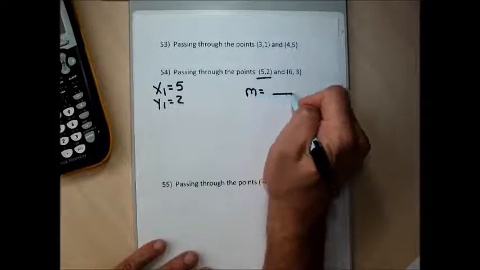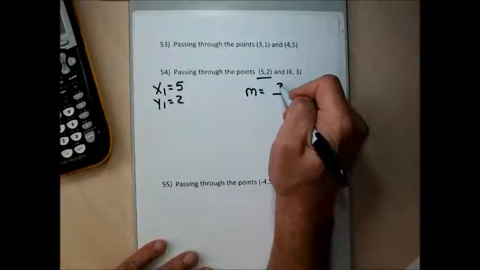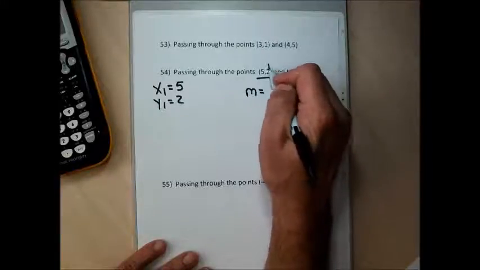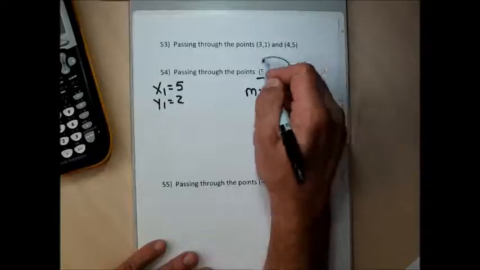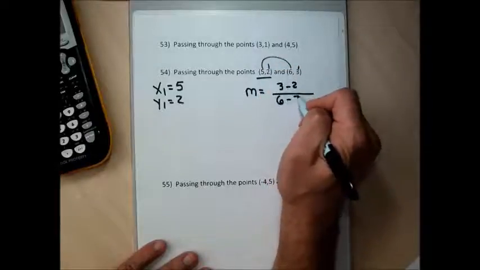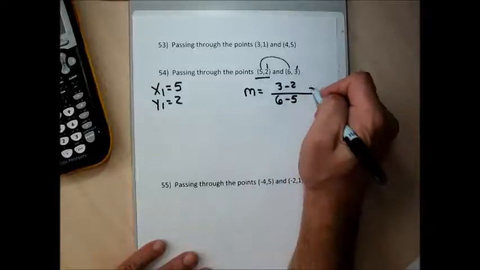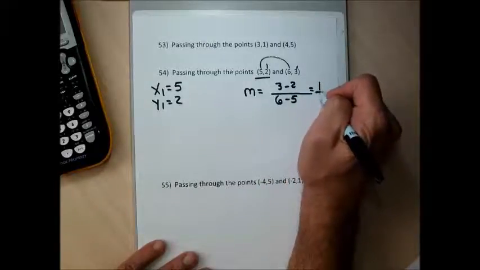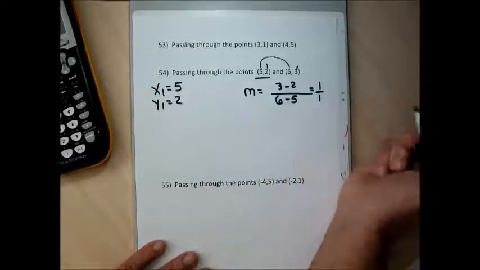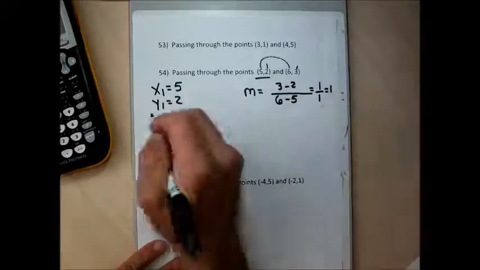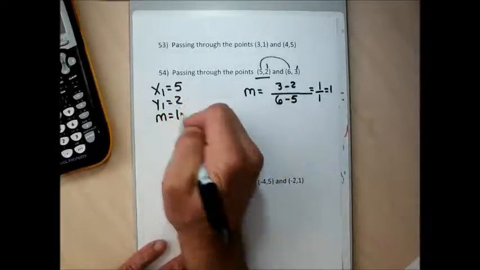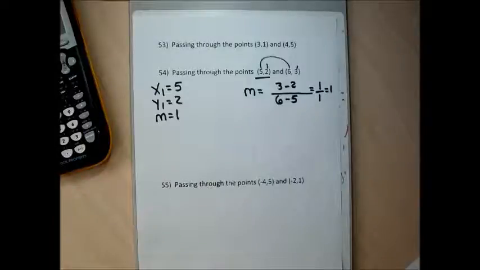And to find slope, you go y2 minus y1 over x2 minus x1. And that's going to give me my slope. Here, y2 minus y1 and x2 minus x1 are both 1s, and 1 over 1 is equal to 1. So when I do problem 54, I'm going to make the m equal to 1.